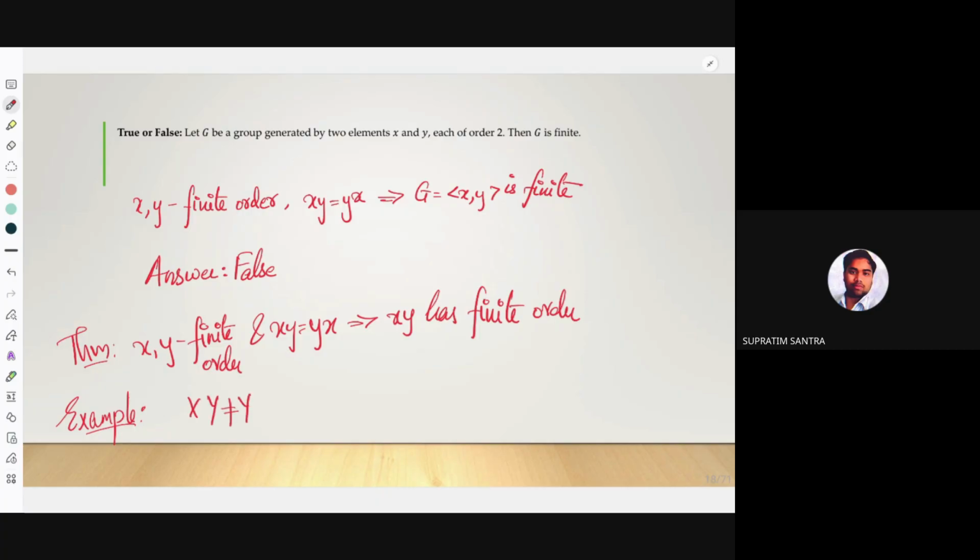What if they don't commute? Whenever we think of non-commuting operators, we think of one thing, which is matrices or matrix multiplication.